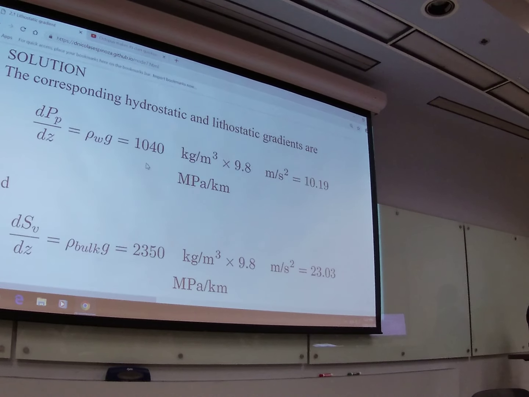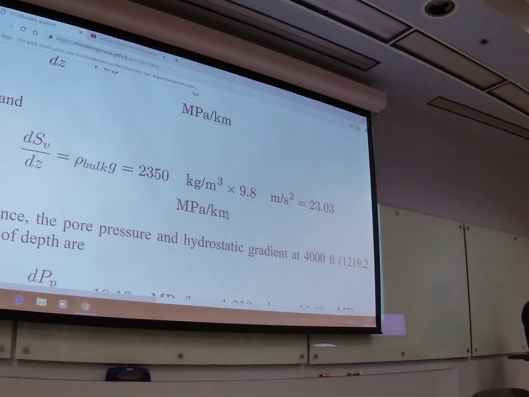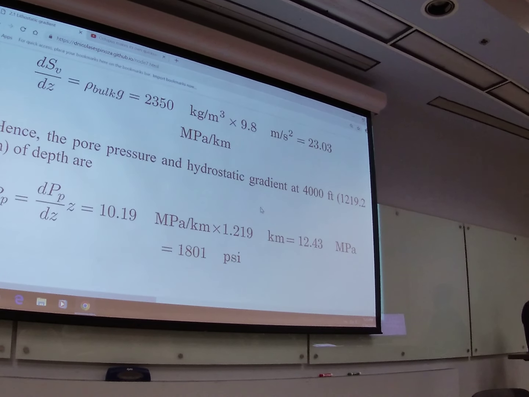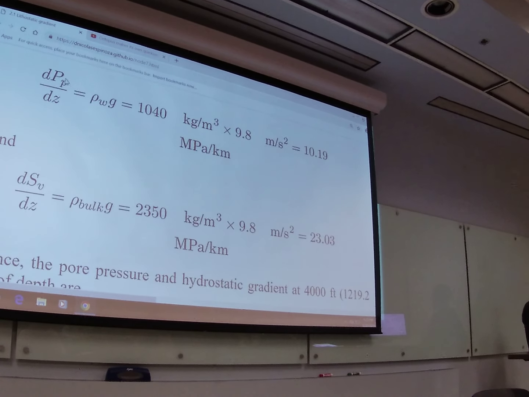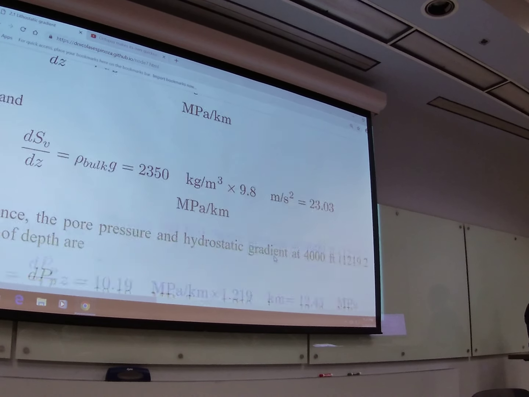Here you have the solution. This is the gradient density. This is G. Here I'm going the long way, just multiplying by G. And you have a gradient of pore pressure, gradient of vertical stress.